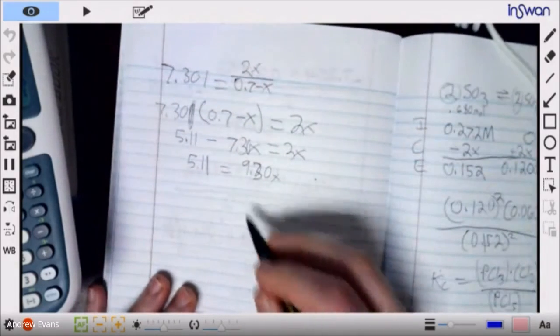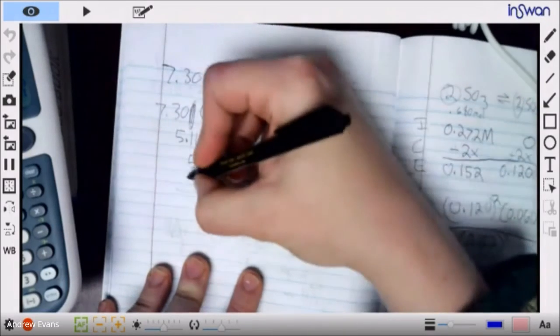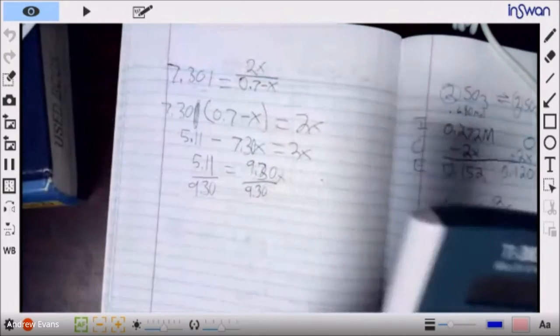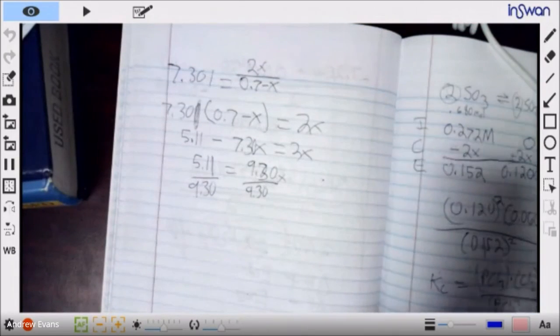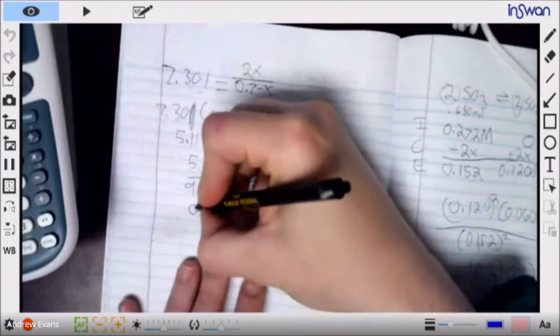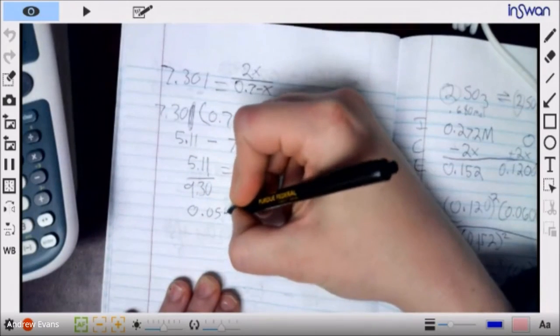So to get x, 5.11 divided by 9.30. So our x is, we'll say, 0.0549.